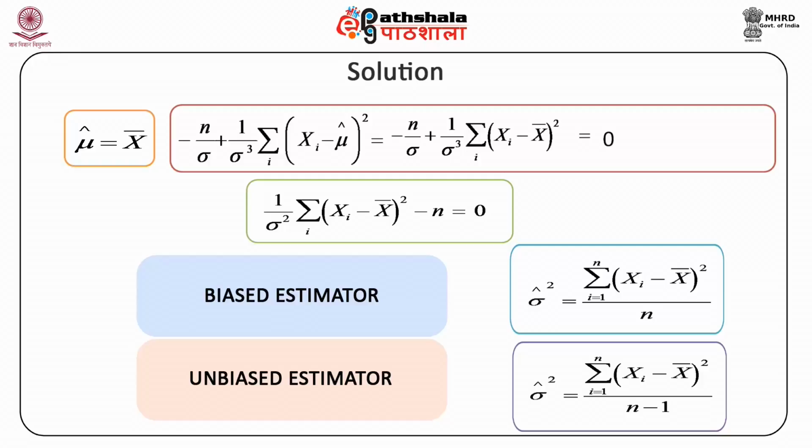The maximum likelihood estimator of sigma square is asymptotically the minimum variance unbiased estimator, also written as MVUE. In any case, the bias tends to zero with increase in sample size. Of all estimators, the MLE has the smallest variance.